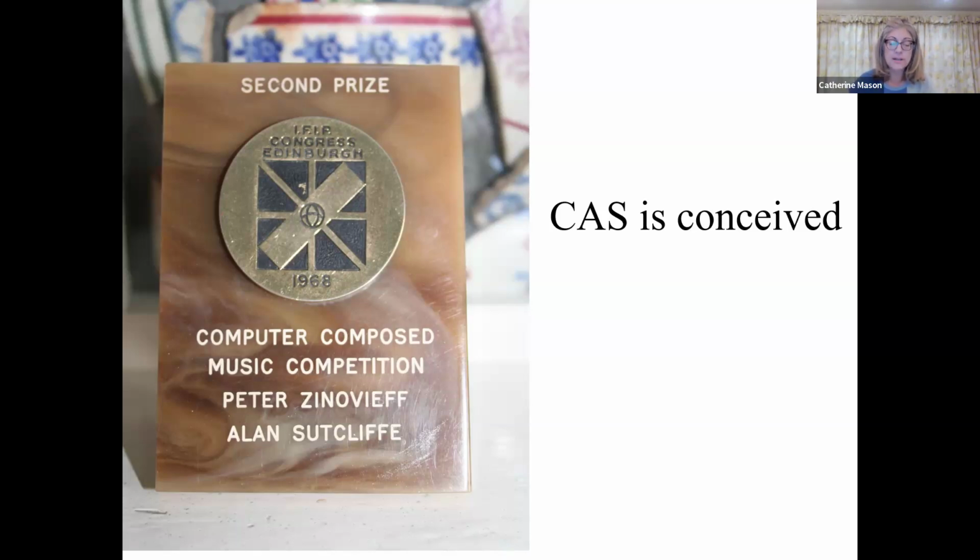Now, during this conference, which George Mallen was also in attendance, Sutcliffe collected the names and details of people who remembered Cybernetic Serendipity, and they were very inspired by organizations like EAT, Experiments in Art and Technology, out of New York, and the Bell Telephone Laboratories, also in the States.